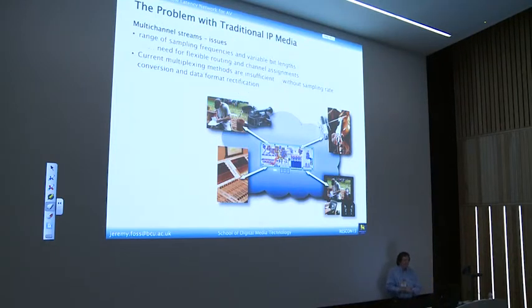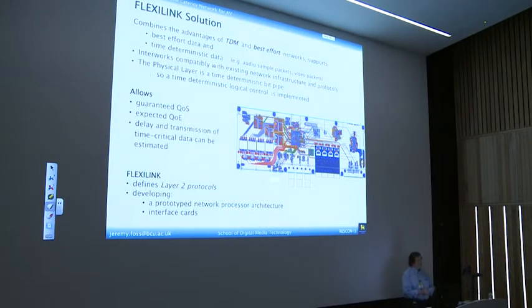Another problem is where we have multi-channel streams, particularly ranges of sampling frequencies and variable bit lengths. There's a need for flexible routing and channel assignments, and current multiplexing methods are insufficient without sampling rate conversion and so on. So there are a lot of problems with trying to support this time-deterministic media data over the current network.